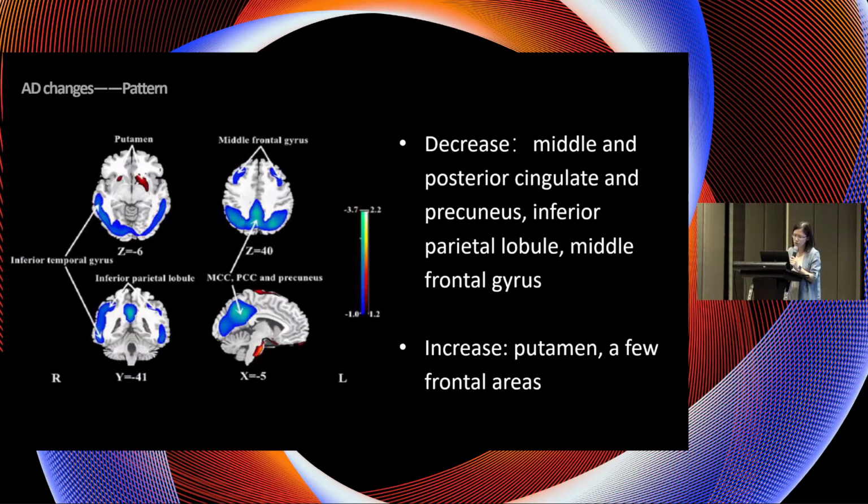The relatively increased areas include putamen and a few frontal areas. This covariance pattern is highly consistent with the FDG PET result of typical AD, which makes ASL an alternative to FDG PET.